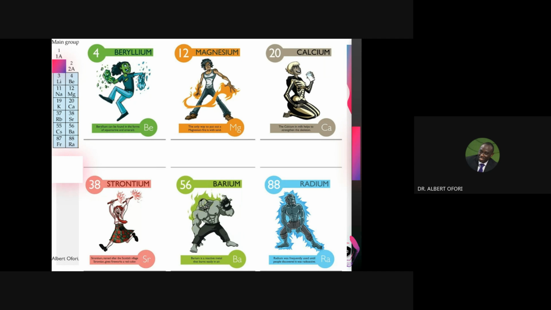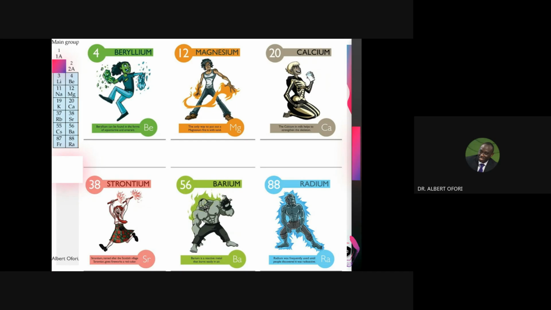So magnesium burns with that very bright white flame. I've changed the practical this year because it burns the students' eyes when we're dealing with exothermic and endothermic reactions, and we caution students not to look at that kind of flame.